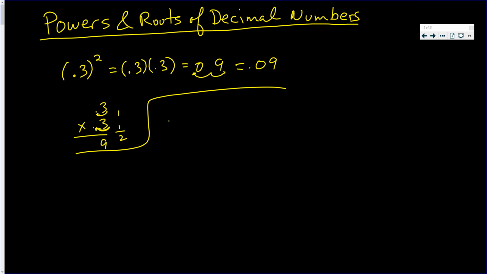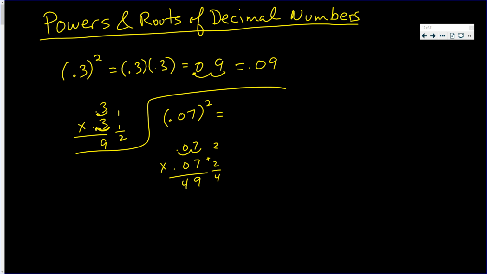If you had 0.07 and you want to square it, well, that's 0.07 times 0.07. 7 times 7 is 49. The thing is, you're going to have to move it in not 2 places, but 2 times 2 places, because both numbers are the same.